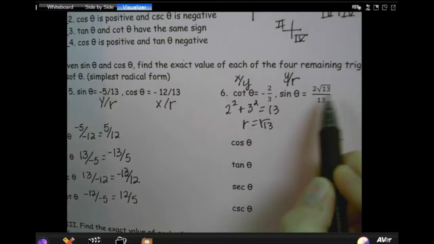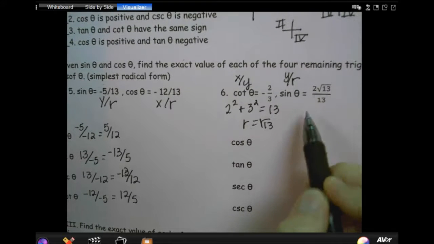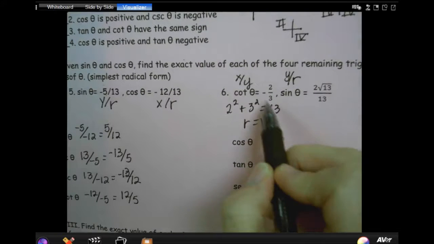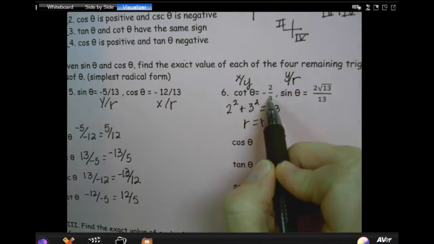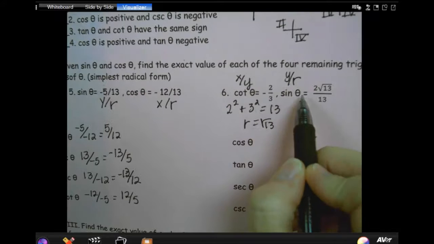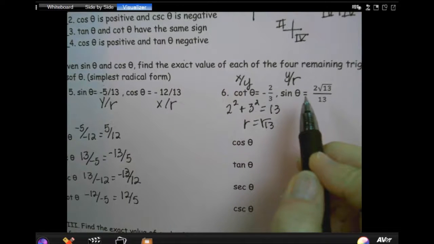That's why it's a 13. That's rationalized already. So if I know that this is a negative 2/3, but my sine is positive, is the y going to be positive or negative? Positive. It has to be positive, right? Because the r is always positive. The radius is always positive.